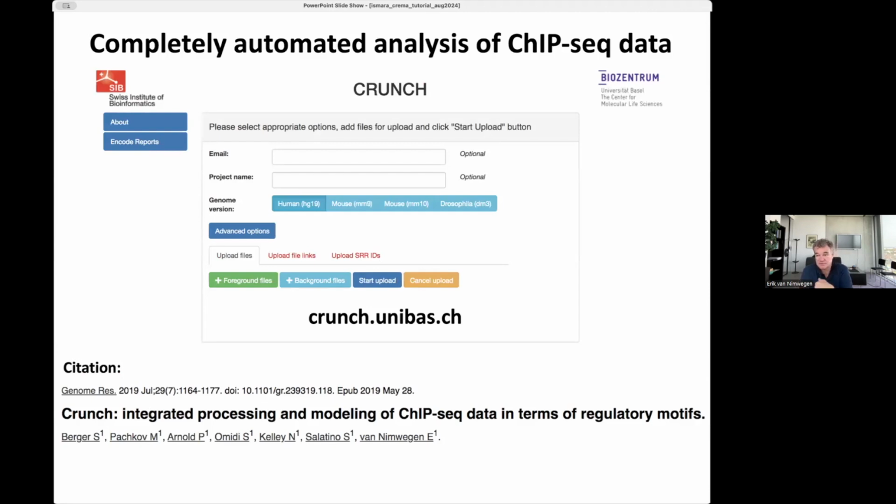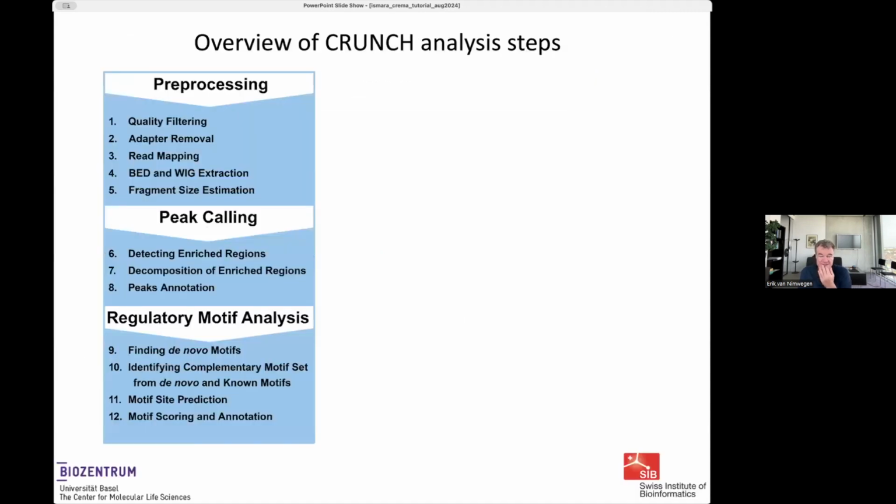And so I will explain these to you by explaining you the steps in this Crunch pipeline. So this was published a few years ago in Genome Research. All right, so this is an overview of all the steps of the Crunch analysis, and so I will sort of go quickly through what is in these steps.